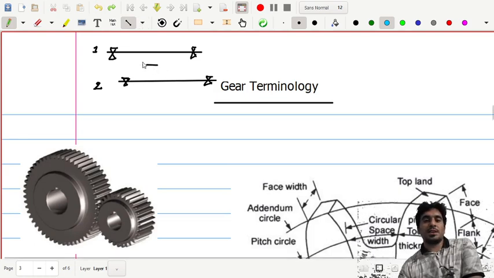In this case, it will be like this. This is one gear and this is another gear.